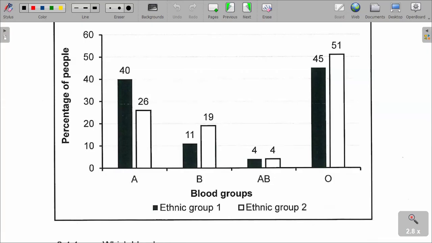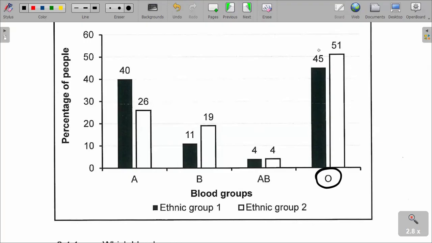When you look at the analysis, we can say there is O here, which has got the highest in both group 1 and group 2.